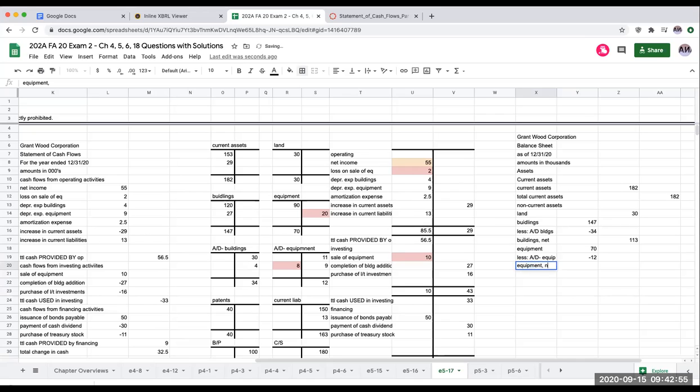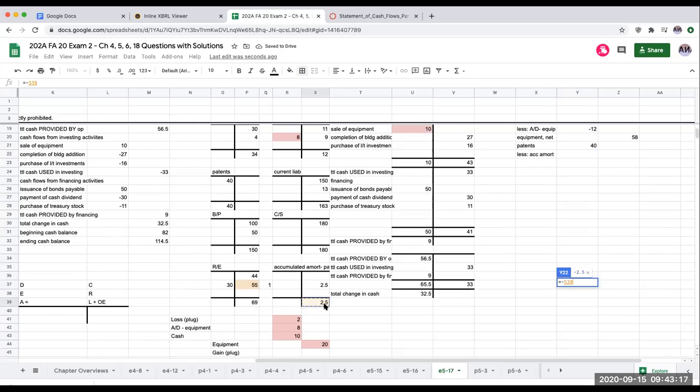It's going to give me equipment net of 58,000. Come down here to patents, 40, less accumulated amortization on the patents, and this is going to be 2,500. Patents net of accumulated amortization is going to be 37,500.